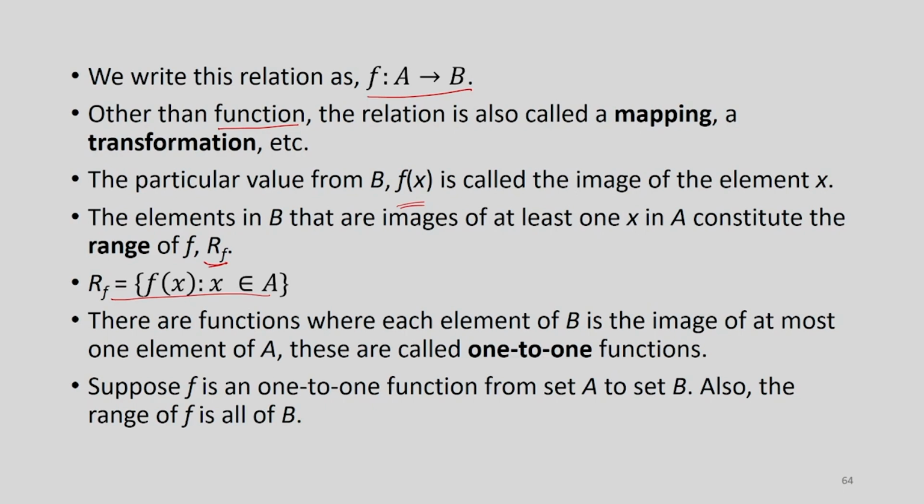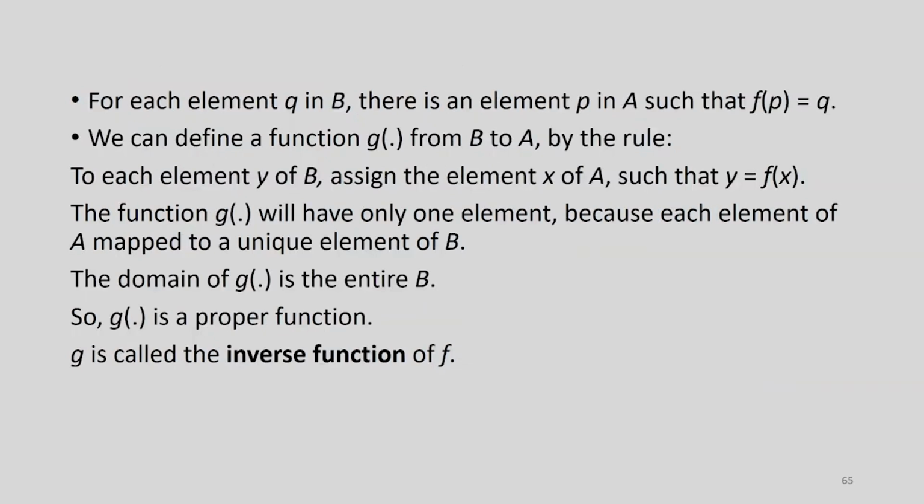There are functions where each element of B is the image of at most one element of A. Suppose f is a one-to-one function from set A to set B, and the range of f is all of B. For each element q in B, there is an element p in A such that f(p) is equal to q.